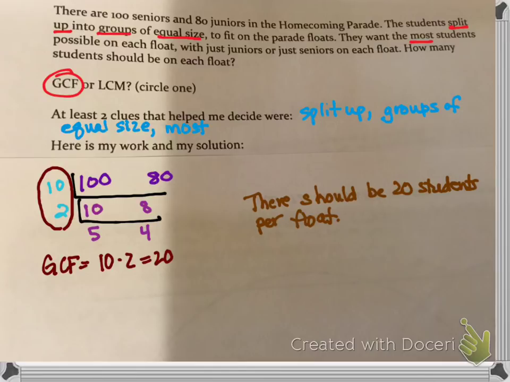So in other words, I can break 100 into 20s, I can break 80 into 20s, and that is the greatest number of students that I can fit on each float, because 20 is the greatest number that can divide into both 100 and into 80. Okay? And that's how we do this problem.